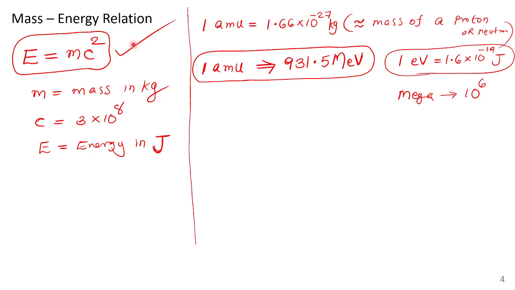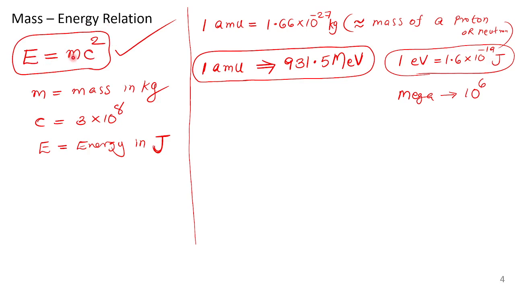Energy and mass are related to each other. Mass is another form of energy, or energy is another form of mass. Mass can be converted to energy. Clear? Energy is equal to mc square. Let us learn without any proof.